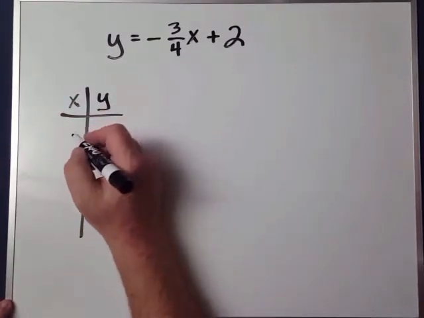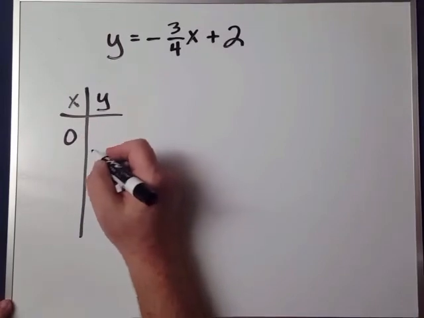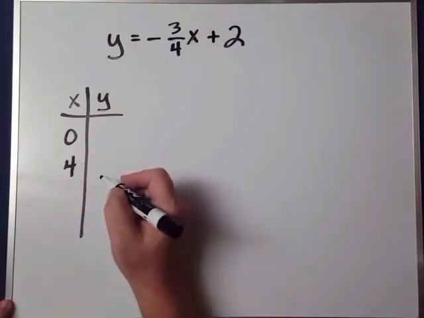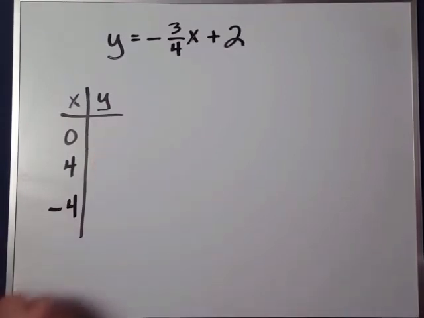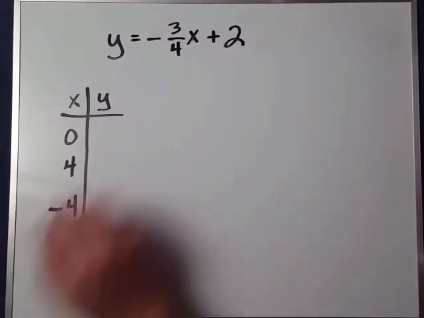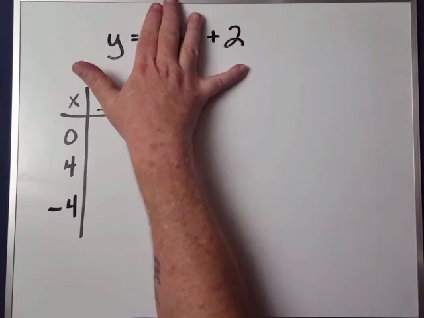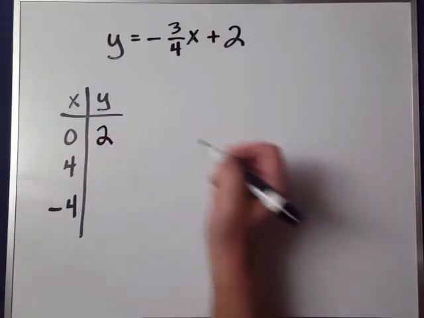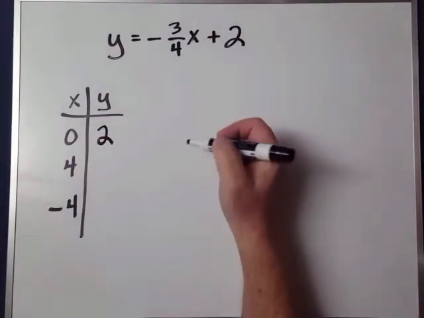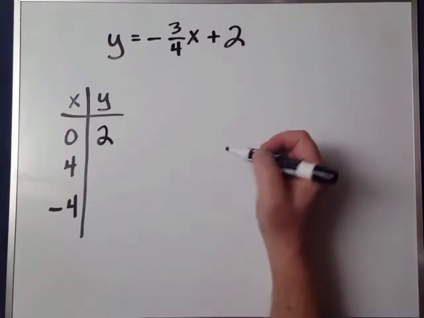She wants to know when x is 0, what's y? When x is 4, what is y? And when x is negative 4. When x is 0, now that's easy. When x is 0, that term disappears, and we have what? y equals 2. When x is 0, y is 2. When x is 4, you should be able to do that one in your head.